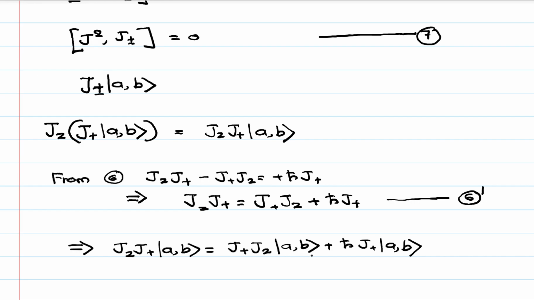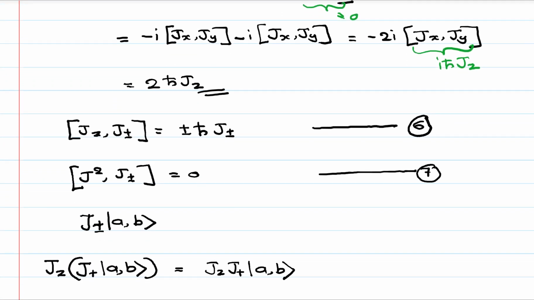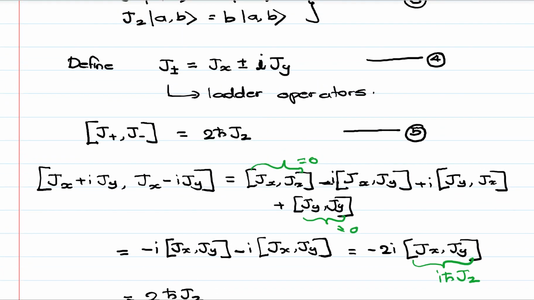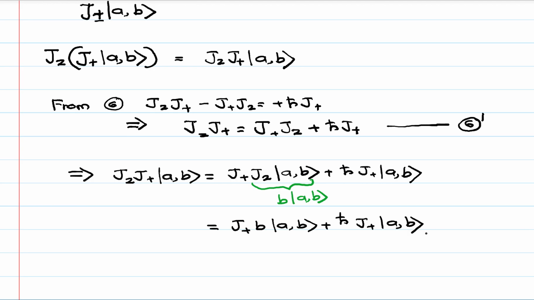Jz acting on |a,b> is equal to b|a,b>. So this equation is J+ into b ket acting on |a,b> plus ħ J+ acting on ket |a,b>.